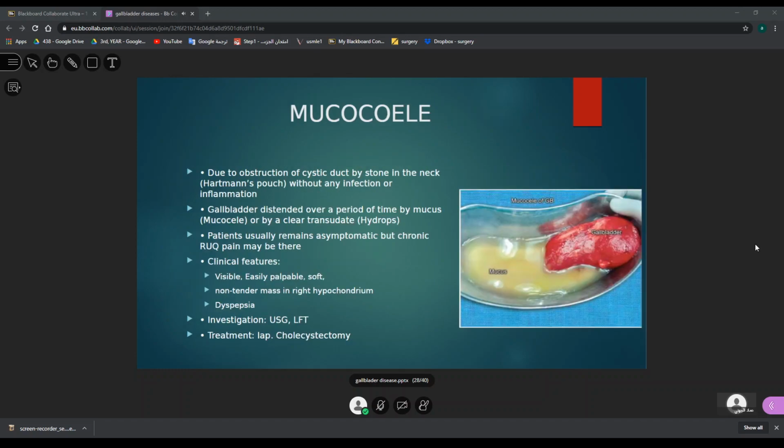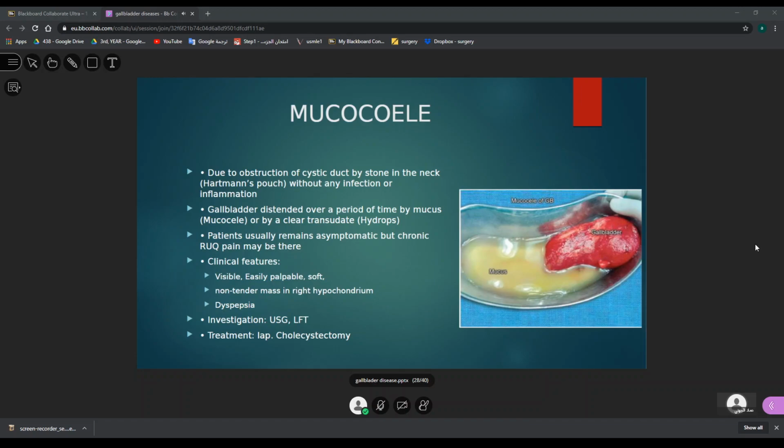Mucocele. Mucocele is obstruction of the gallbladder cystic duct. This obstruction is caused by a stone in the neck of the gallbladder, which is Hartmann pouch, without any infection or inflammation. So the gallbladder is distended over a period of time by mucus, not pus. When the content is pus, it will be empyema.